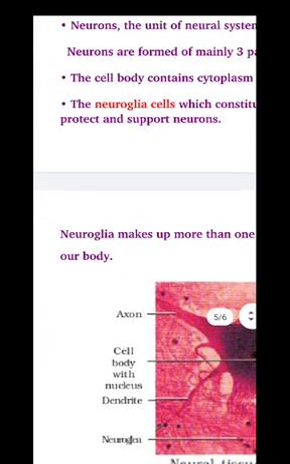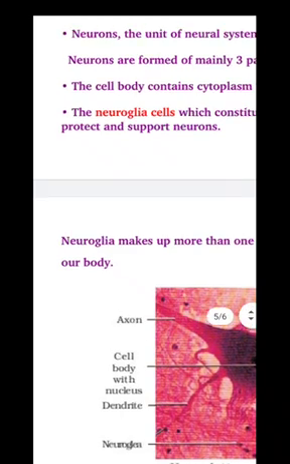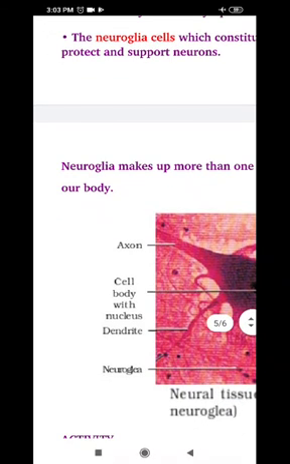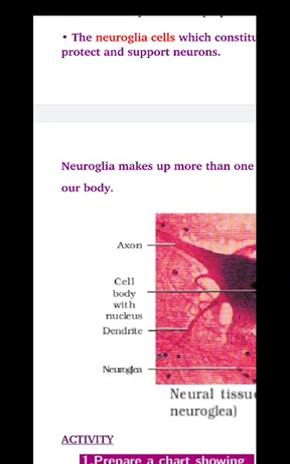And what is the function of neurons? Neurons make nerves, and messages or impulses pass through them. Messages that you have touched this object, or you are hearing this, or you are seeing this, everything is passed through neurons or nerves and reaches the brain.